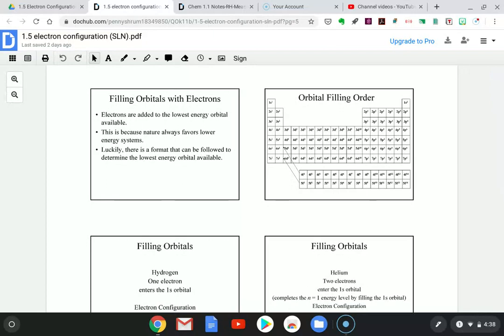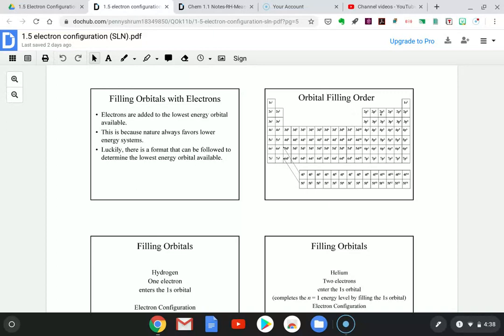So you work your way from left to right, like you're reading a book, until you get to the element that you're looking for. An element's electron configuration contains every lower energy orbital and energy level that comes before it. Like you're seeing this 1s1 over here, this is 2p1, 2p2, 2p3.